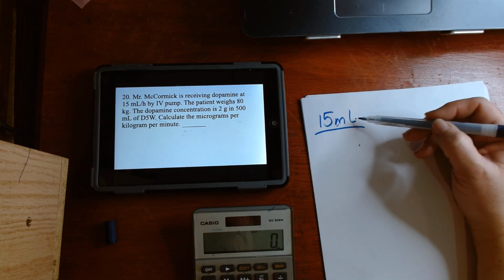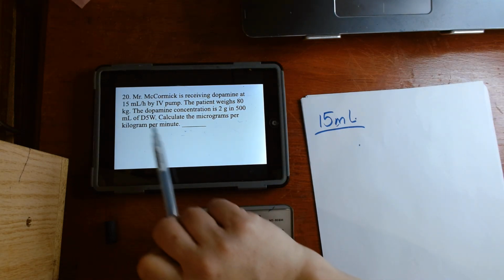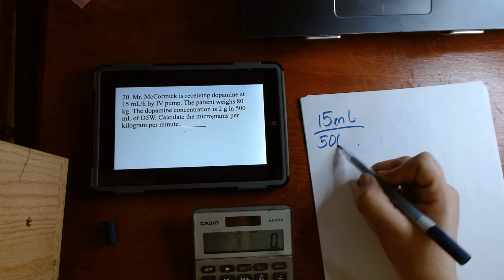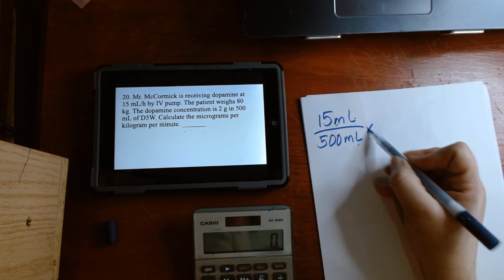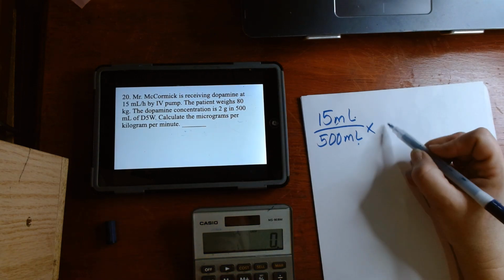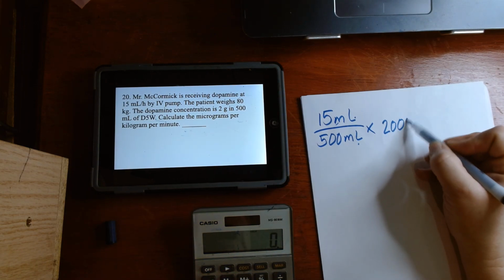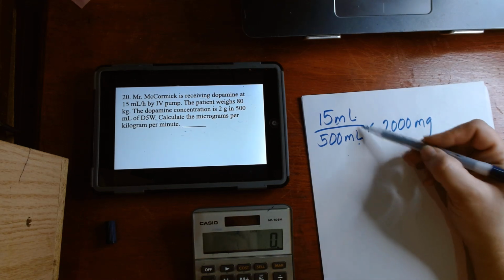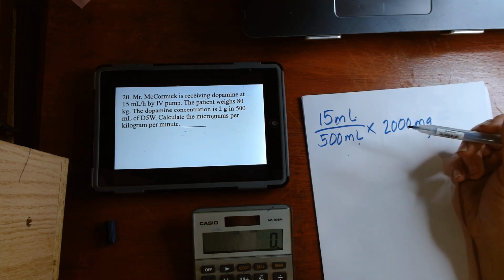I know most people are used to putting milligrams, but you can use milliliters. What do I have that matches that? I have 500 milliliters. How does that come? It comes with 2 grams in it, and we know 2 grams is 2,000 milligrams. You see, as long as they got the same last name.